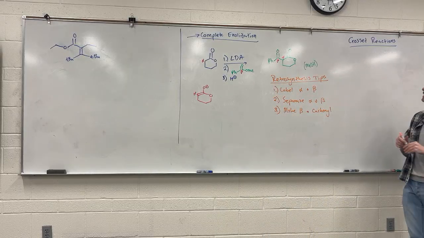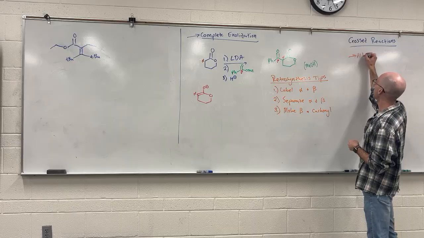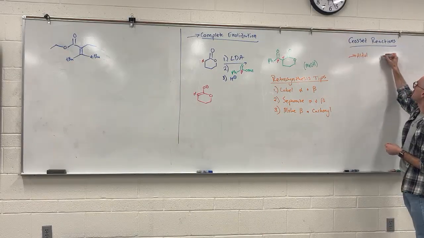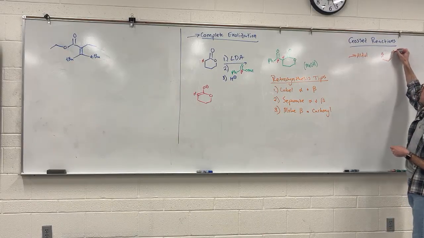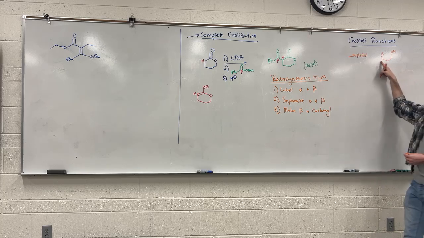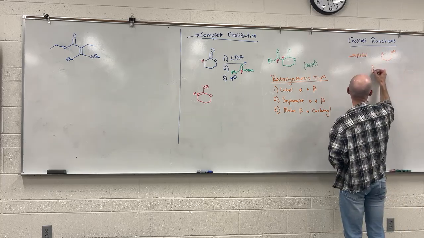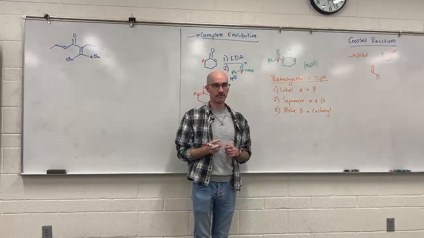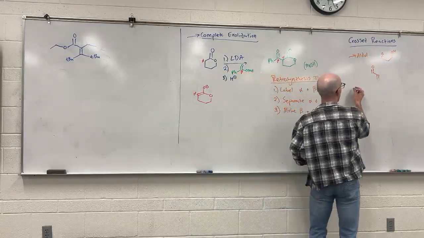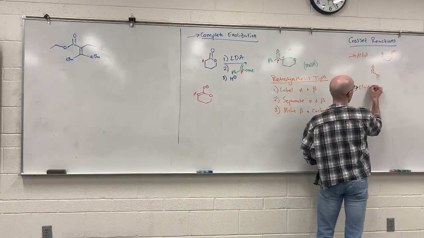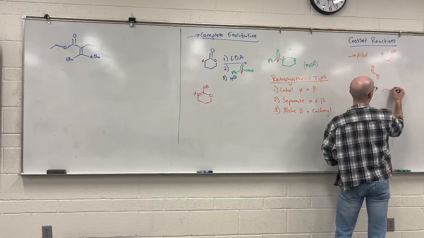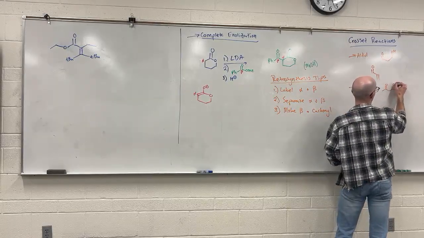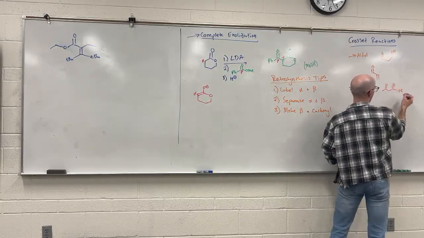We did aldol addition, and this gave us beta hydroxy carbonyl. We did aldol condensation, and that gave us conjugated carbonyl. And we did Claisen condensation, and that gave us beta keto ester.